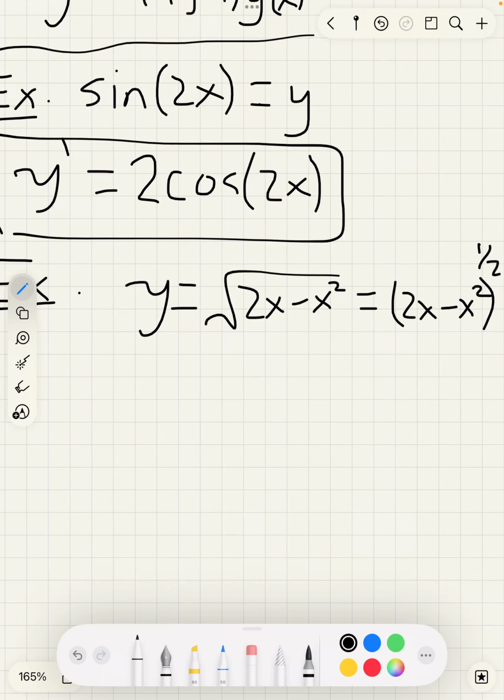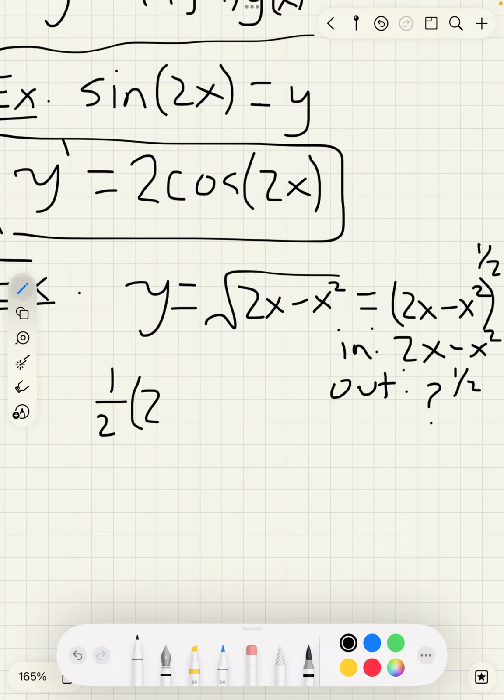If I write out my inside function and my outside function, the inside function would be 2x minus x squared. The outside function would be stuff to the 1/2. So if I take the derivative of the outside function, I get 1/2 times stuff to the minus 1/2. Here in the place of stuff, I'm just going to put what my inside was, and we take 1 away from the power.